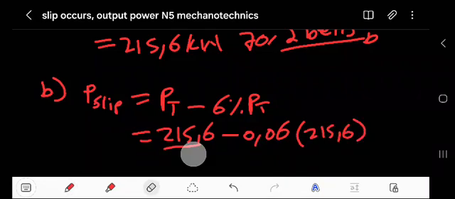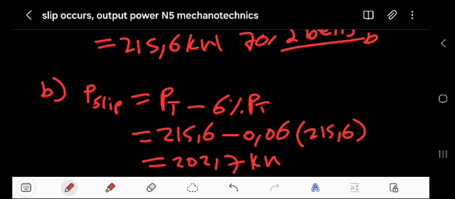So punch, then this will typically give you 202.7 kilowatts, rounded to first decimal digit. Remember we've used kilowatts there because this was in kilowatts.